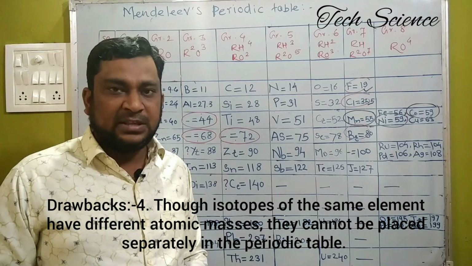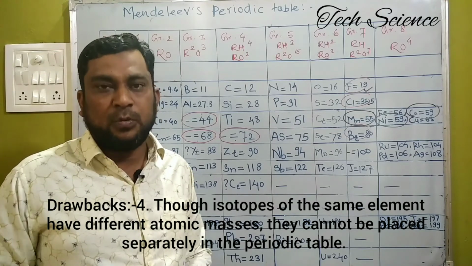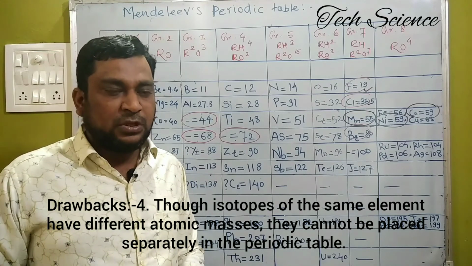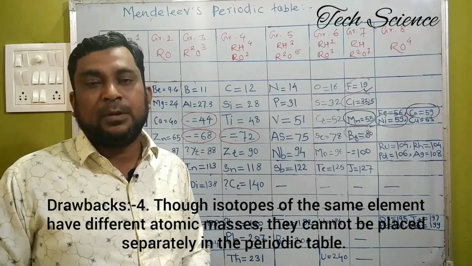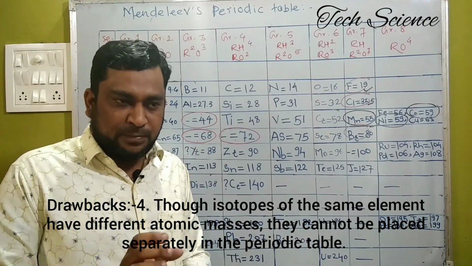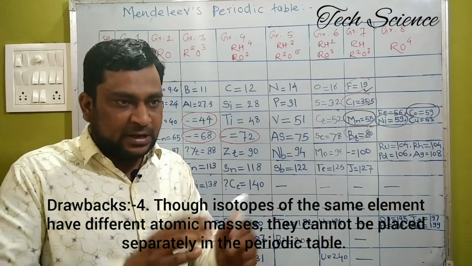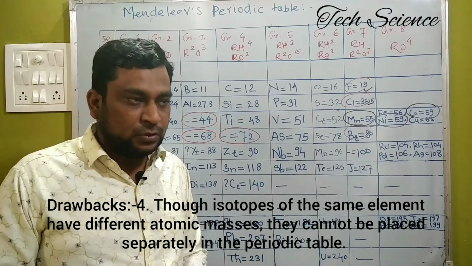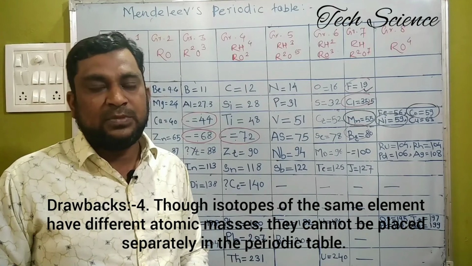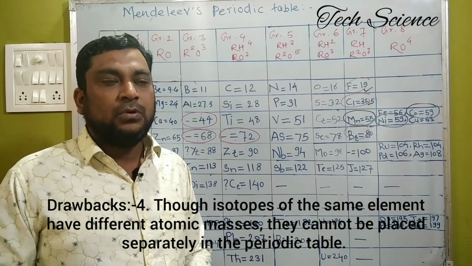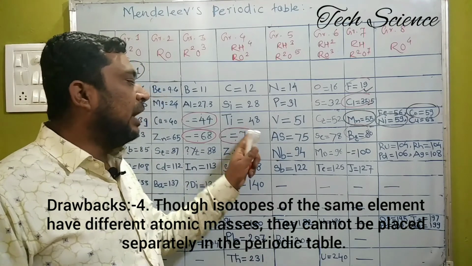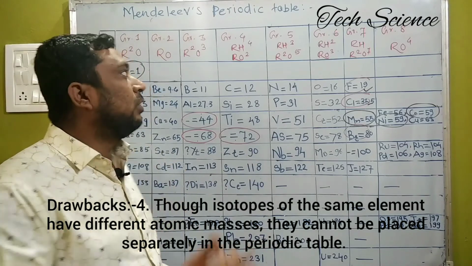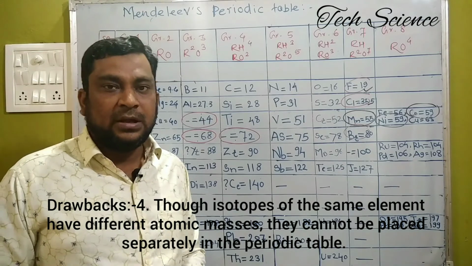If you place isotopes in the same group, you find that they have different atomic mass numbers. And if you place them in different positions because of different atomic mass numbers, they are the same in properties, so why are you not placing them in the same group? That is also a question. How can you place isotopes in Mendeleev's periodic table? Such questions are not solved by Mendeleev's periodic table.